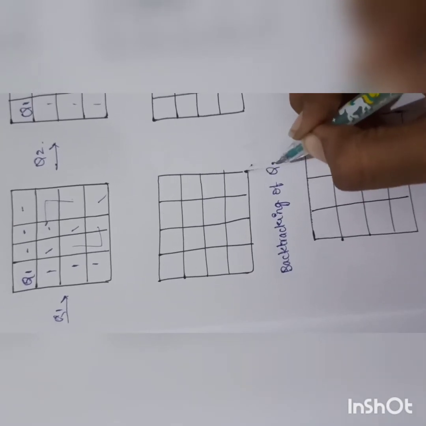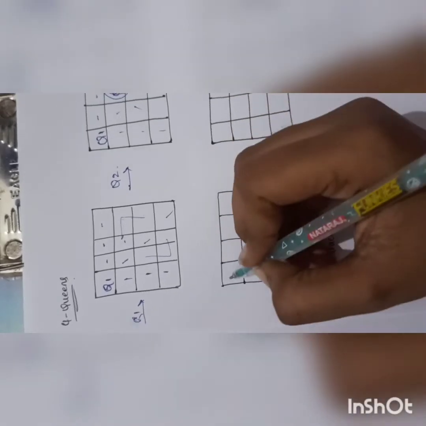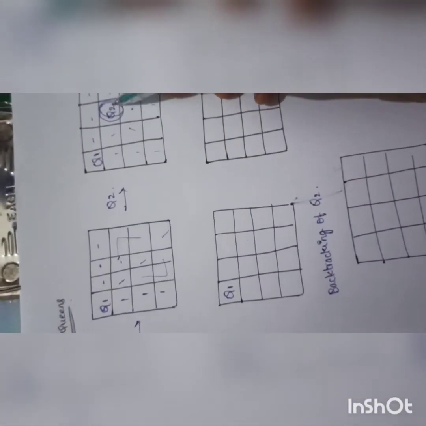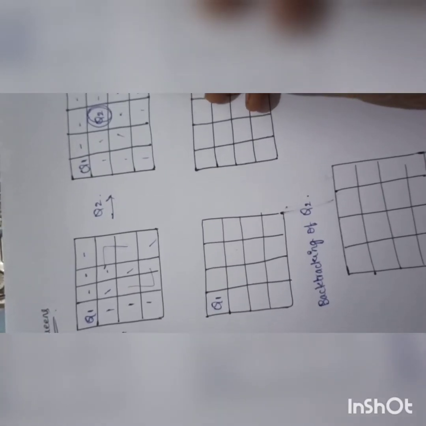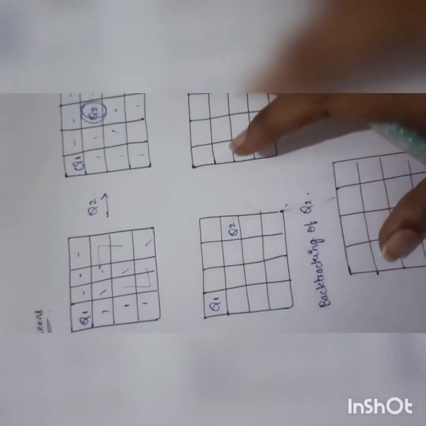Backtracking of queen 2. Now let us right shift queen 2. Here we have queen 1 and here we have queen 2. In this position, let us right shift it to this box, and here this is queen 2.